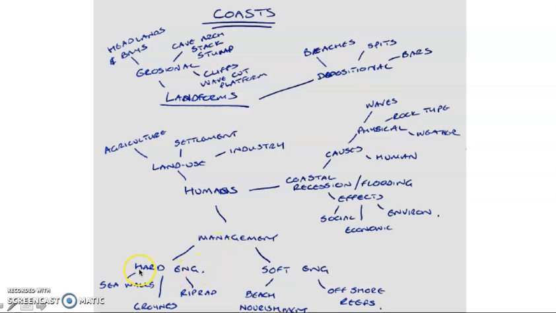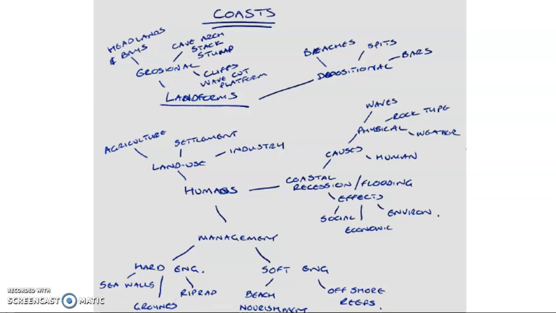So first of all, we have hard engineering, and this is where we use large, expensive structures to try and reduce the physical processes, using sea walls to reflect wave energy and something hard just to stop the coast receding.